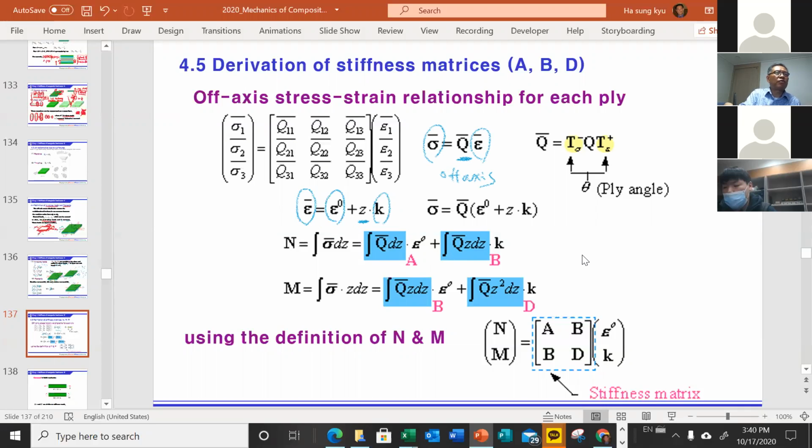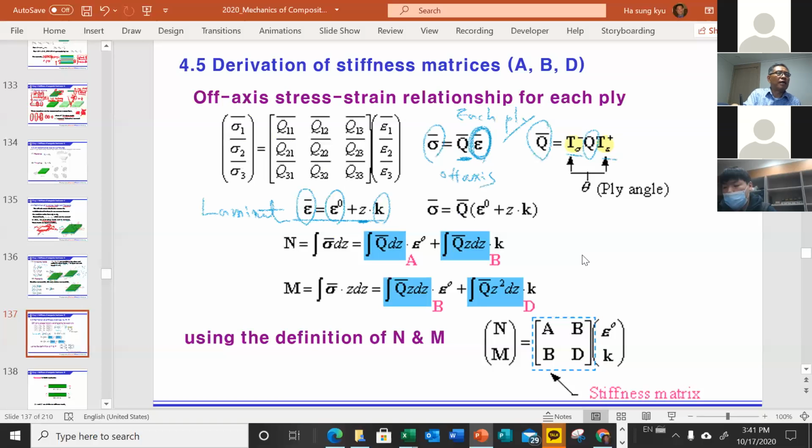And we just programmed that this off-axis stiffness can be derived from the on-axis stiffness and the angle of each ply. This is each ply, right? And this is the laminate, and the laminate has strain.